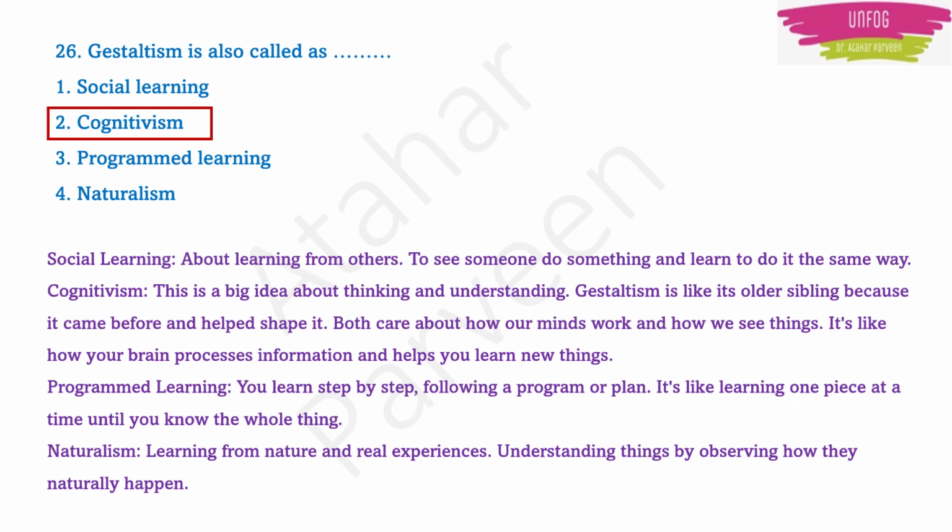Okay, that is programmed learning. The remaining one is naturalism. It is like we are learning from nature and our real experiences. We are understanding things by observing how they naturally happen, and then we are learning from that understanding and those experiences.